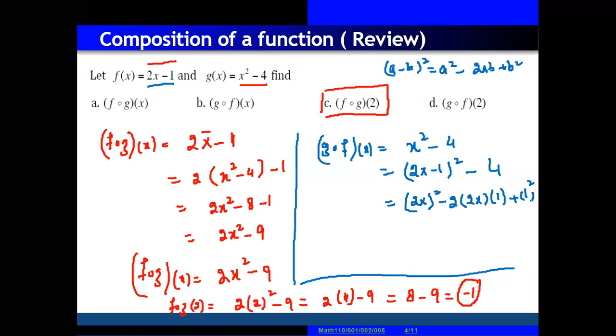This is like b square, minus 4. So when you simplify this, equal to 4x square. This one, if you multiply all these three, so equal to 4x, and plus we have 1 minus 4. Simplify this one, 4x square minus 4x and minus 3, because plus 1 minus 4 equal to minus 3. So this is composition of g with f, second part.